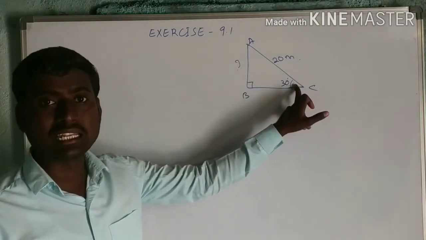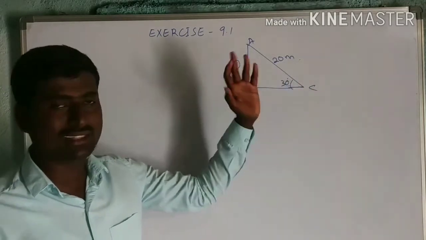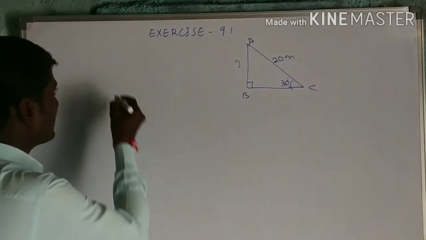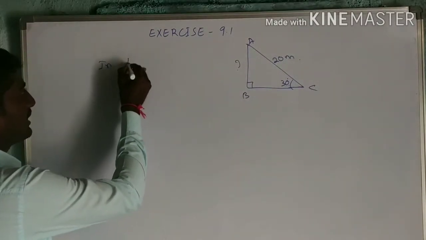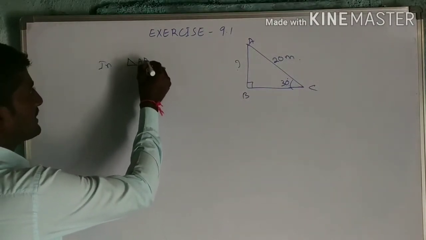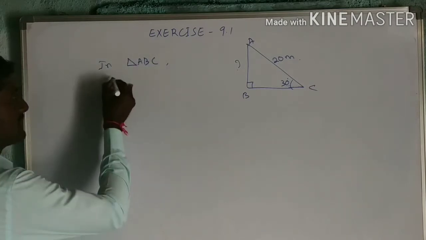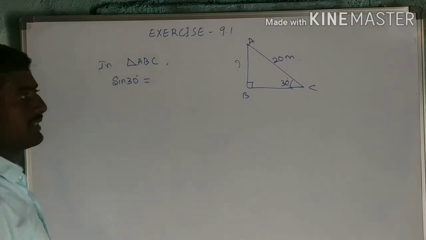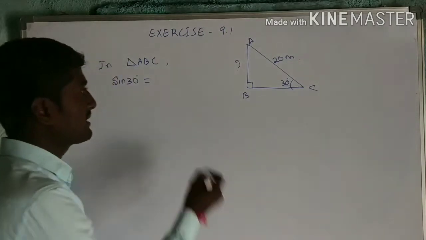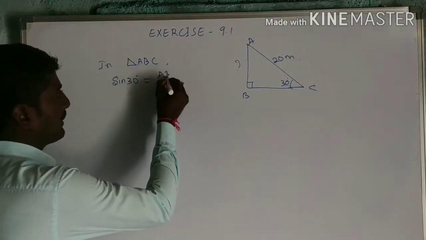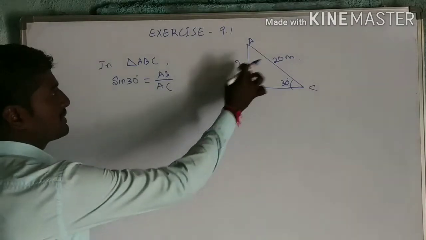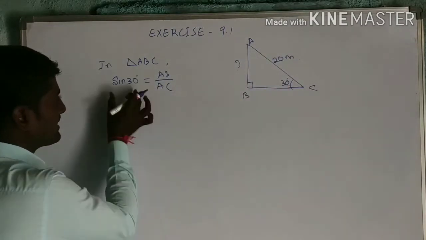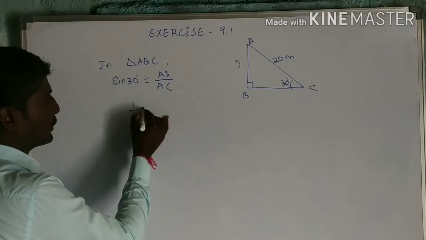That is sin 30. Here angle C is nothing but 30, they have given. So in right angle triangle ABC, sin 30 degree, sin C is nothing but AB divided by AC, opposite by hypotenuse. Sin 30 value is 1 by 2.